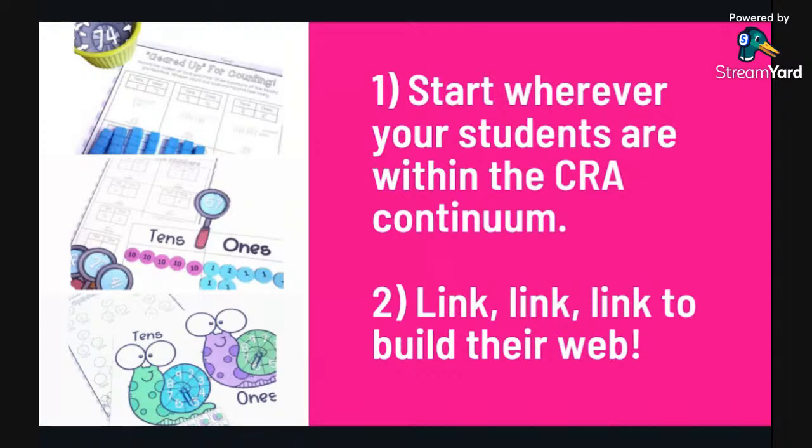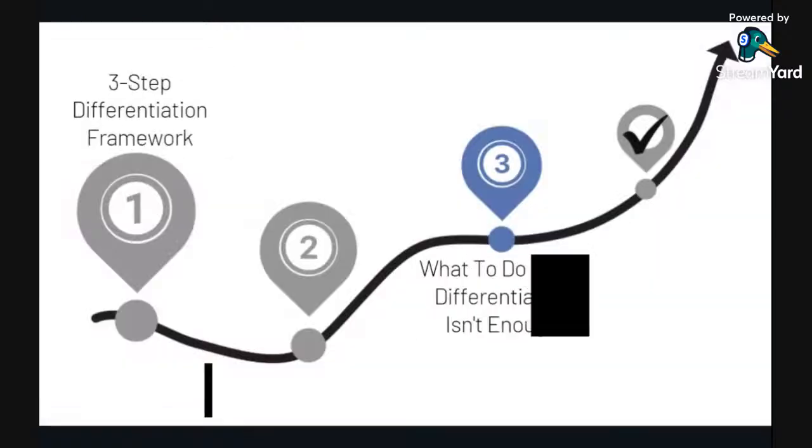If your students are working at the representational level, you are linking to equations and numbers at the abstract level. And you might even be working on an activity that pulls all 3 of these levels, CRA, together at the same time. You're meeting students where they are, and you are linking so that ultimately you are in a position to take the scaffolds away.